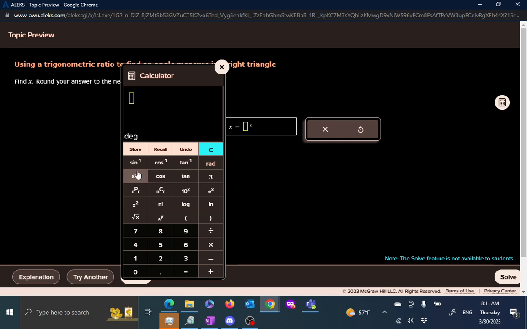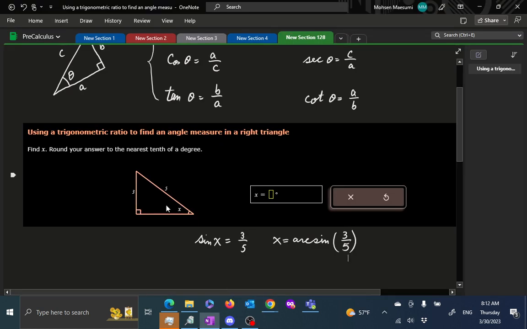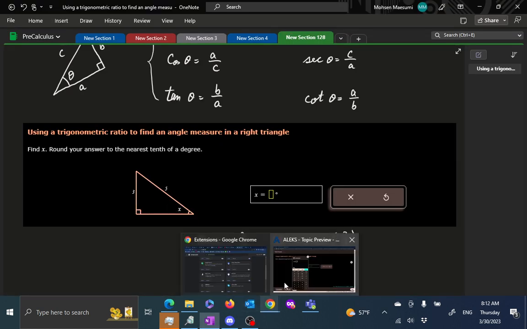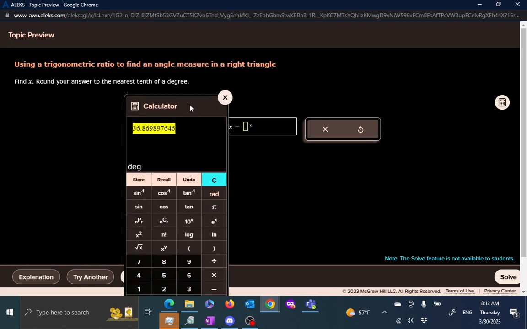So all we do is choose one of the 3 functions according to what we have in our picture. So in our picture was sine inverse. Sine inverse, this calculator is extra nice, opens the parentheses for you as well. And in the problem that we had, it was 3/5. So we come here, and here's 3/5, equal to 36.86.